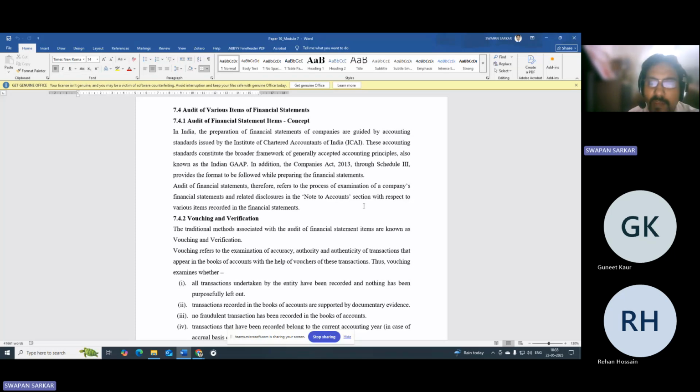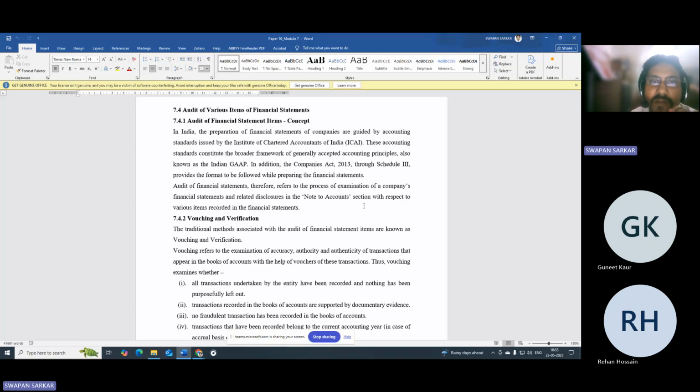Now, an important job of any auditor will be to identify or to vouch, verify the particular item of assets, liabilities, or in the P&L statement, income and expenditure, and conduct a thorough audit of that type of items or all the items within that category.